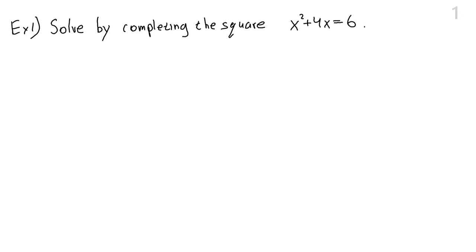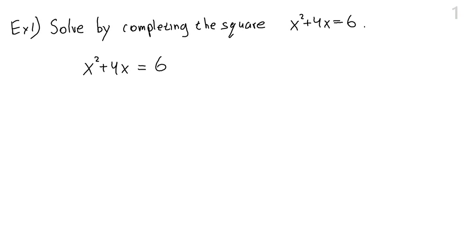You may double check your answer by using the quadratic formula or any other method you know, but if you're asked in a problem to solve an equation using a particular method, then that's the method you should use. So we start with the equation x squared plus 4x equals 6.